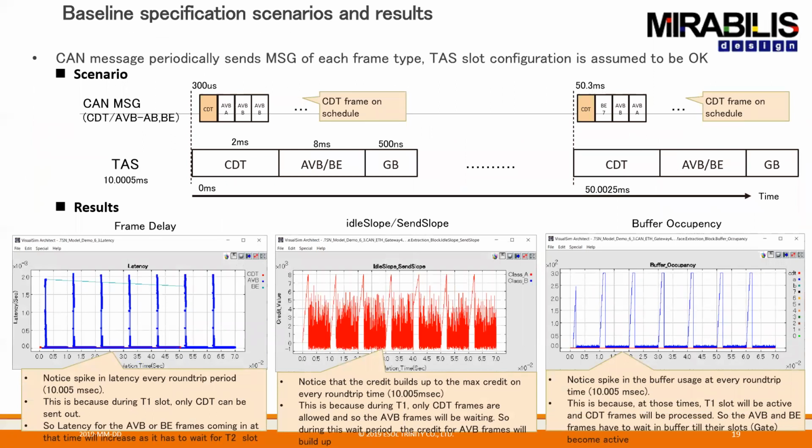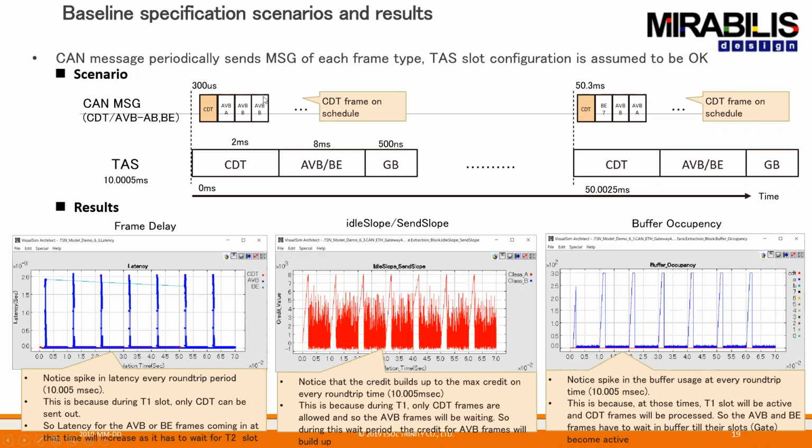So taking something that's a little more detailed. Here we have, as we saw earlier, CDT, AVB, and our gigabit Ethernet. So our time-aware shaping is for 10 milliseconds and 500 nanoseconds. So you can see the slots for each one of them, how they're set up.